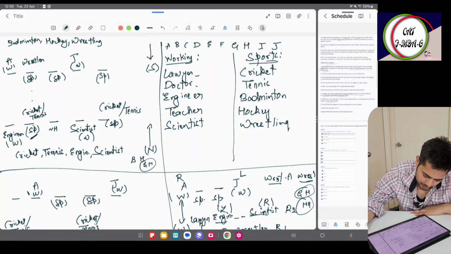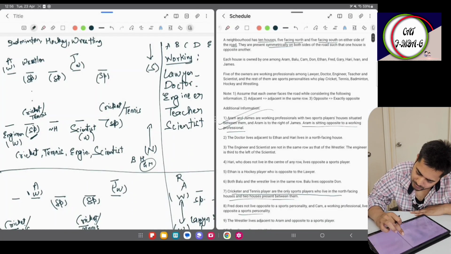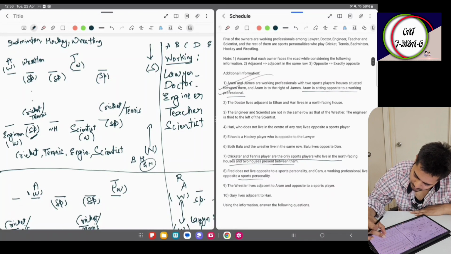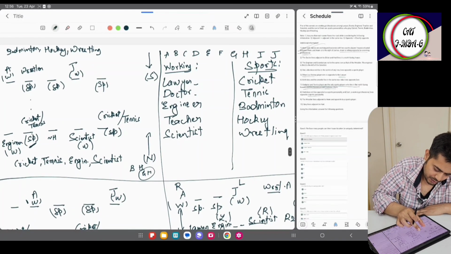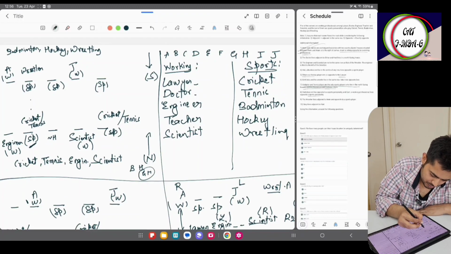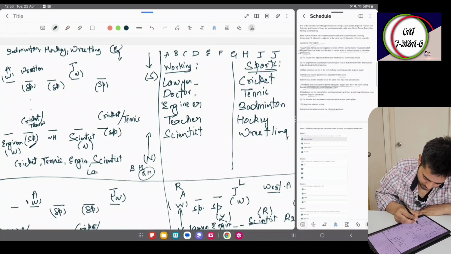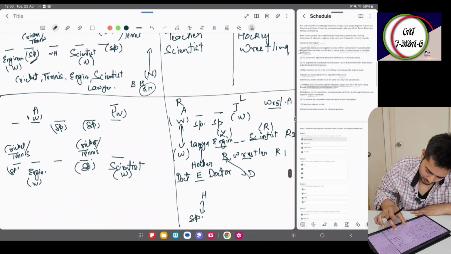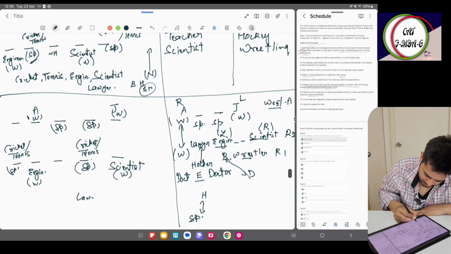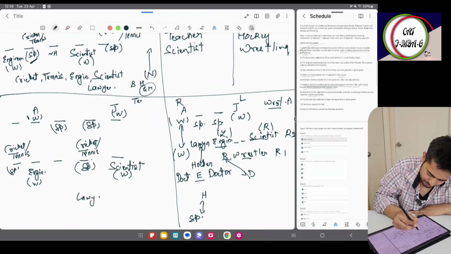Ethan is a hockey player who sits opposite to lawyer, so obviously Ethan has to be here. Okay, so Ethan has to be here, who sits opposite to a lawyer. So lawyer will be in south facing zone, so here lawyer will be there, and here teacher will be there. Okay, so similarly here lawyer will be there, and above teacher will be there.